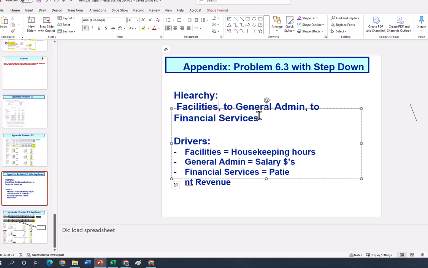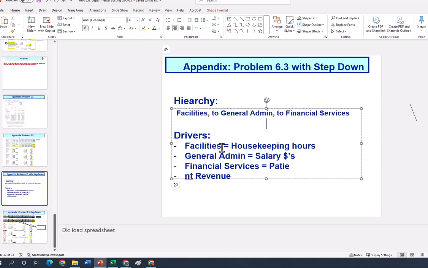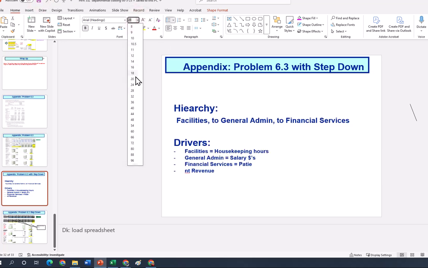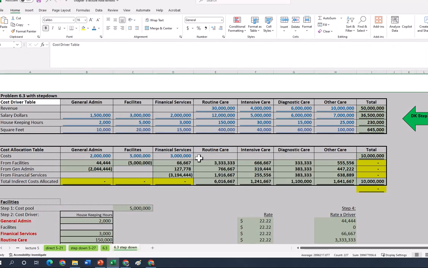Facilities to general services. Sorry, facilities to general admin to financial services. Okay? And then the drivers are here. Okay, so we're going to close that out.